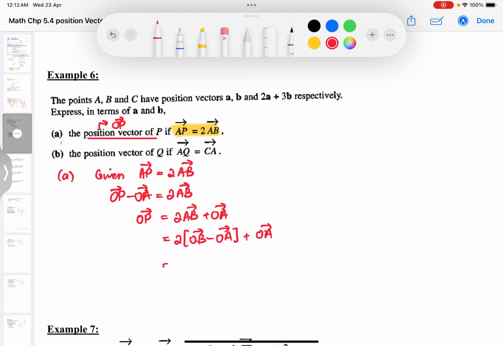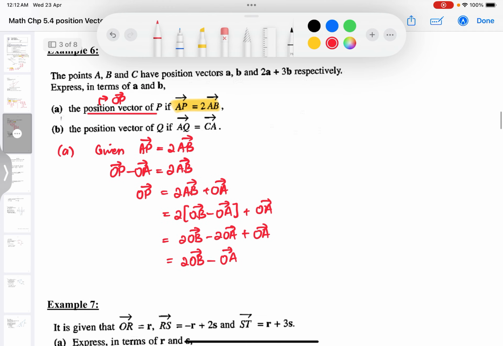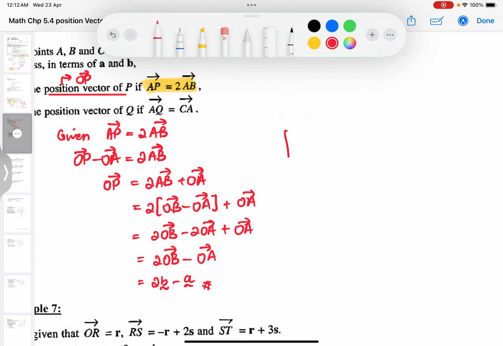Then you further simplify this before you actually sub in your vectors to get the answer. So this will give you 2 times b, and then OA is given by a. So 2b minus a. That will be the position vector of P.